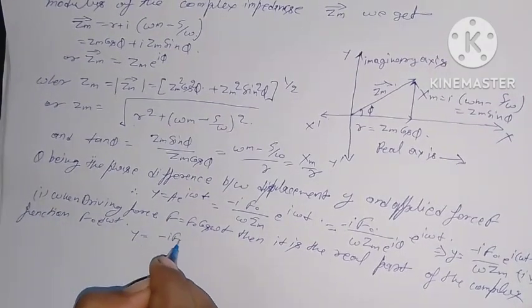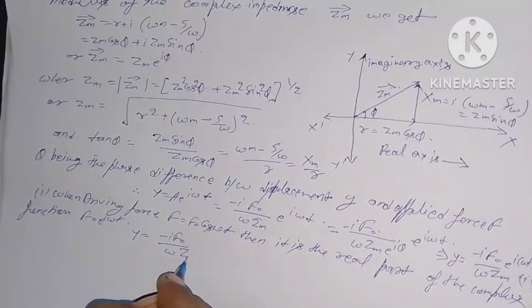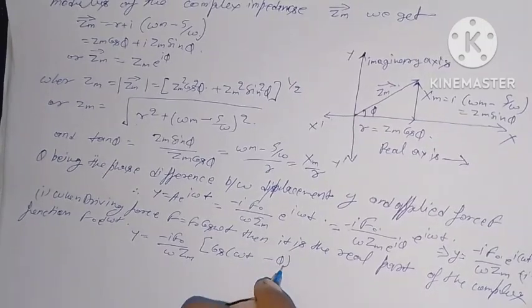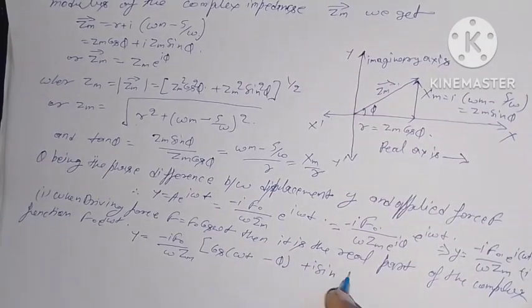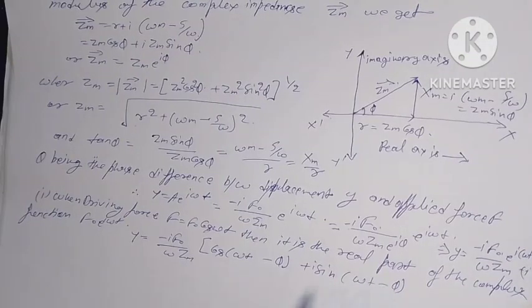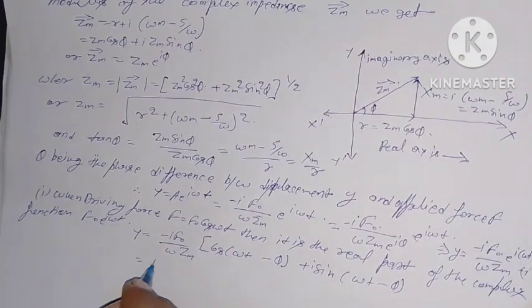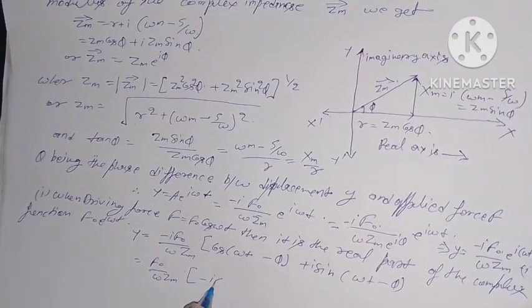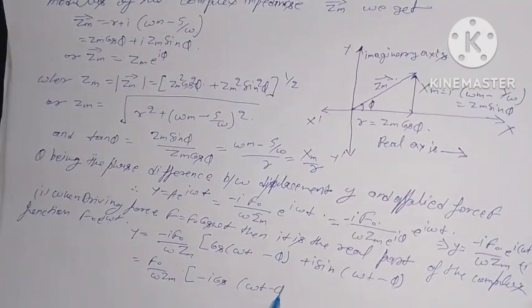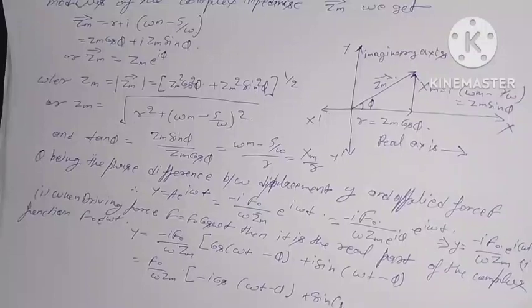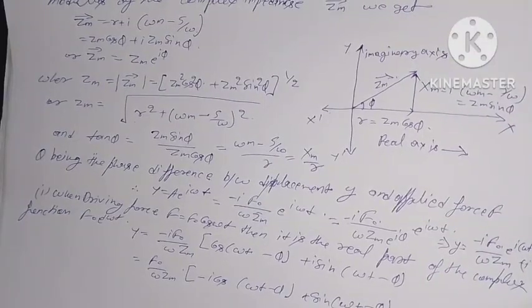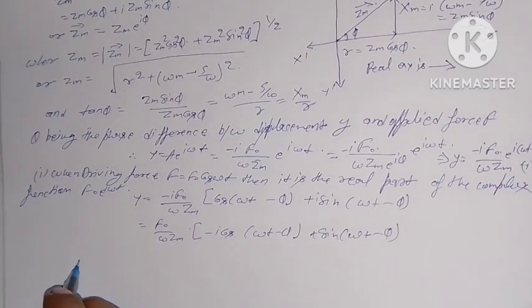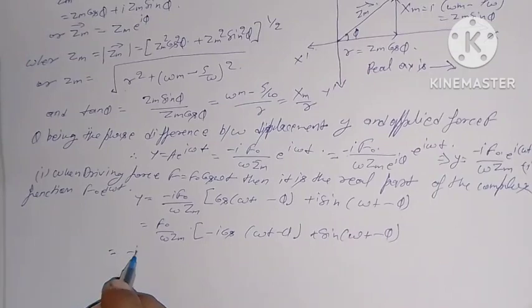And which may be put in the form y = -i F₀ / (ω Zₘ) [cos(ωt - φ) + i sin(ωt - φ)]. Okay, that is F₀ / (ω Zₘ) [-i cos(ωt - φ) + sin(ωt - φ)].